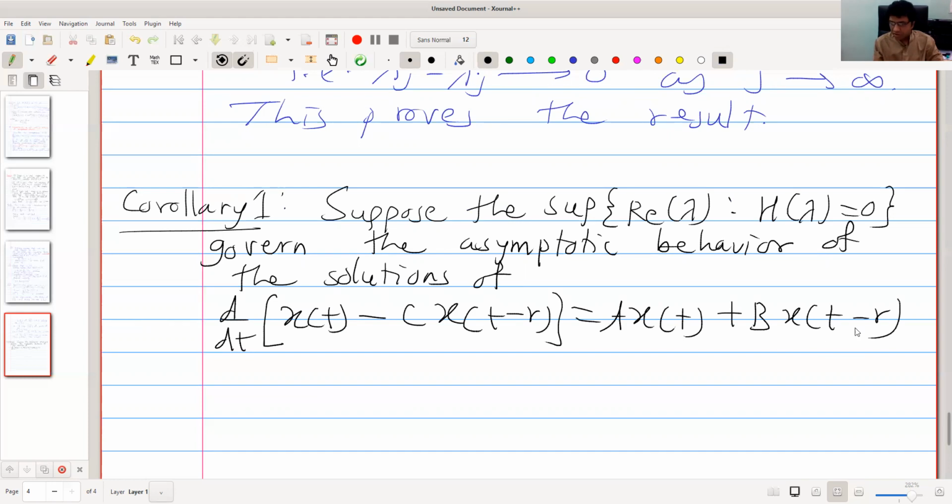This is the homogeneous case. We are calling this equation number 5.